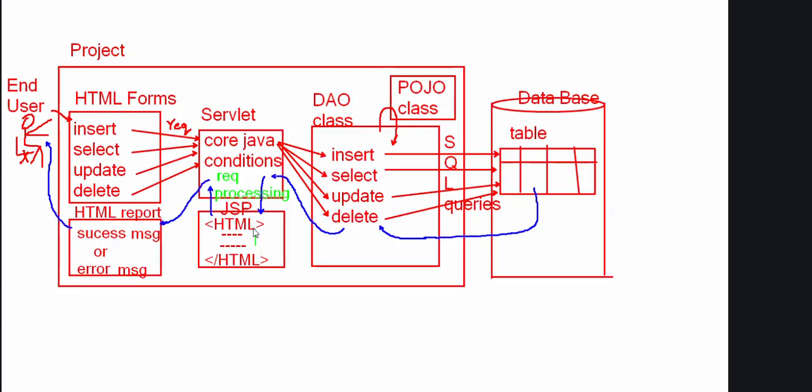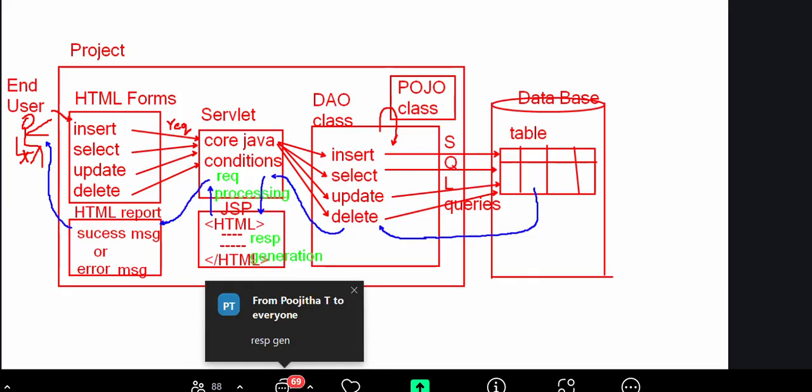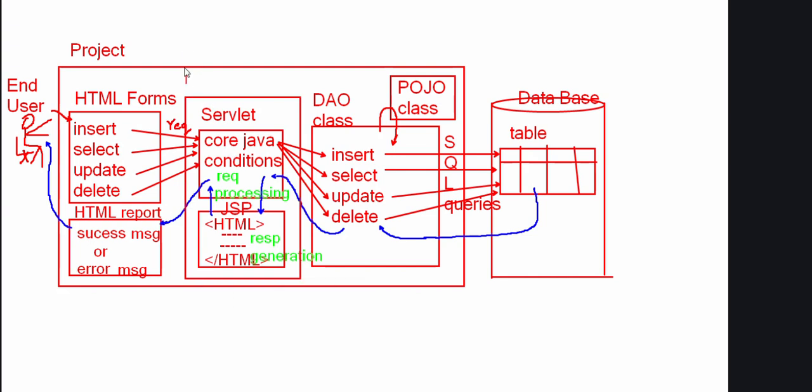JSP code is called response generation. So server side programs, servlet and JSP, these two are called server side executing programs.